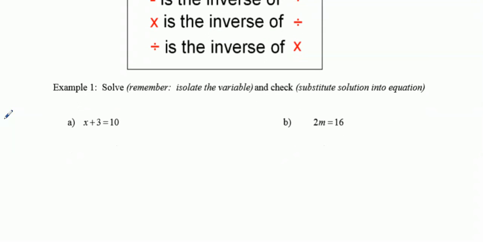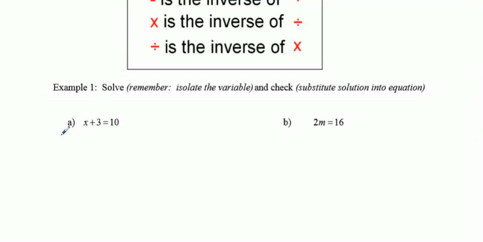So if I'm asking you to solve, what I'm asking you to do is figure out what's happening to the x, and then do the opposite of it to get x by itself. So if we look at this one, we have 3 being added to x. If I want to get x by itself, I have to do the opposite of adding 3 to it. I have to subtract 3 from it.